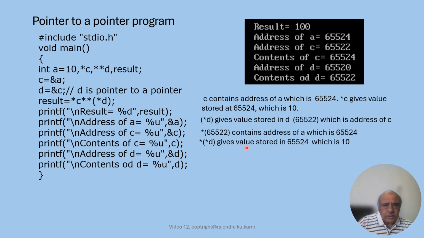Star of 65522 contains address of A, which is 65524. So star of star D gives value stored in 65524, which is 10.